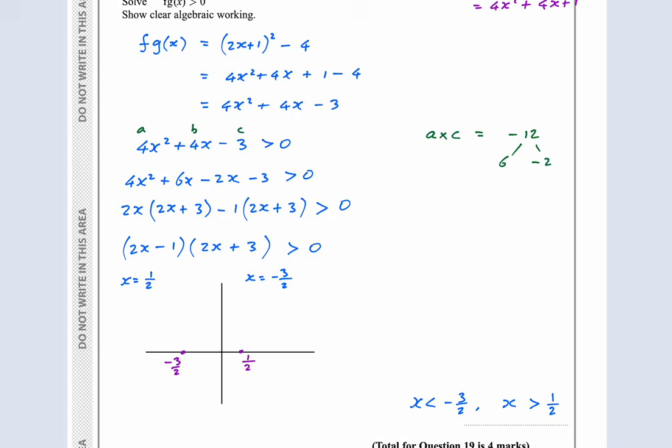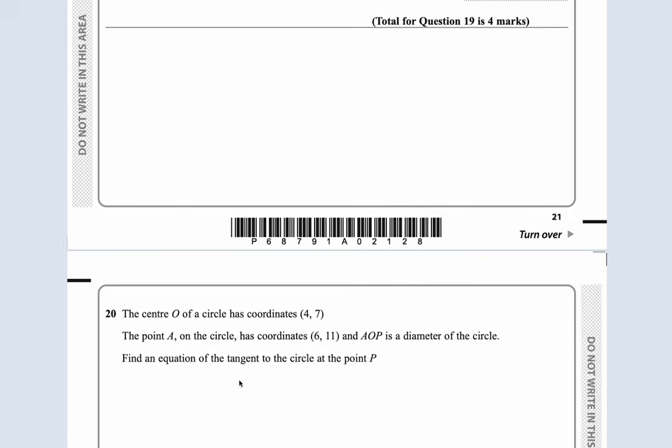And then when I draw my parabola like that, where is this parabola greater than 0? Well, the answer is here, which is x is greater than a half, or here, which is x is less than negative 3 over 2, which is there. Okay, that is question 19.